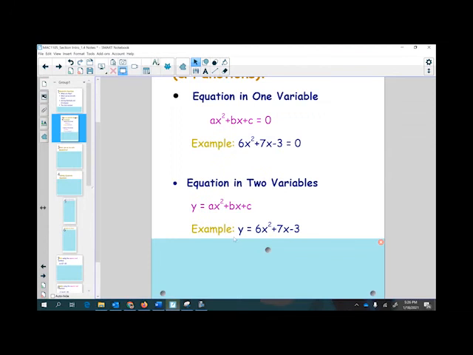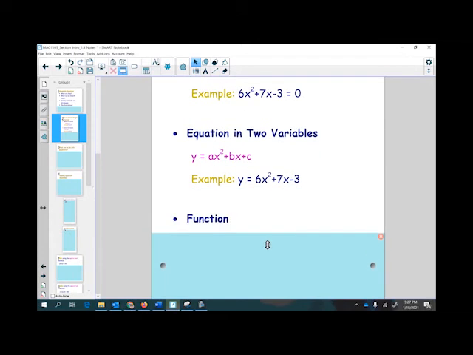So for example, if you had y equals 6x squared plus 7x minus 3, the only difference from up here again is that y is in place of the 0. So that means instead of just saying that the output has to be 0 and solving for x in that one case, you're letting y be allowed to be many different things.